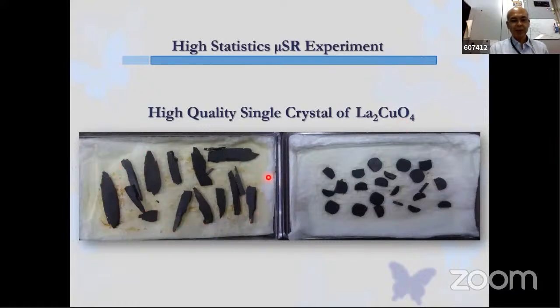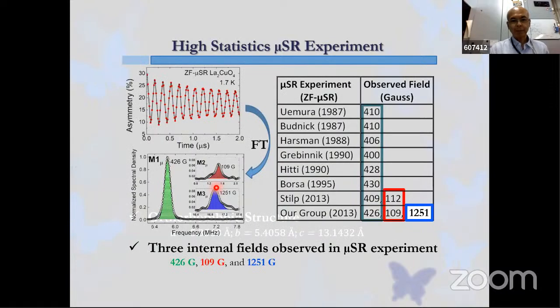These are very high quality single crystals. We prepared two types of samples and measured them using muons, and on the basis of this data we compare with the DFT calculations.